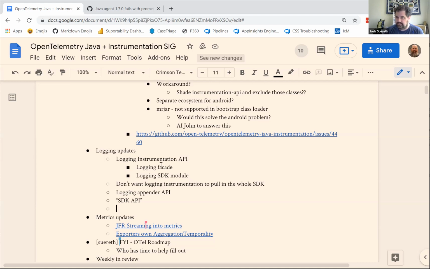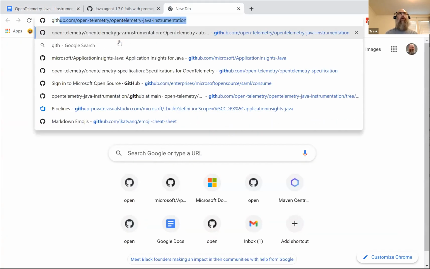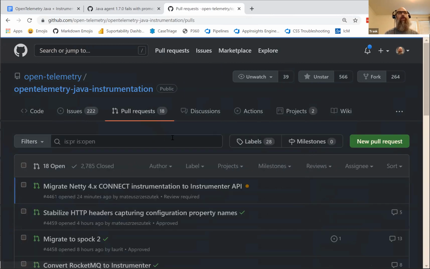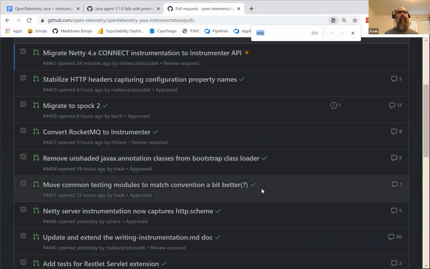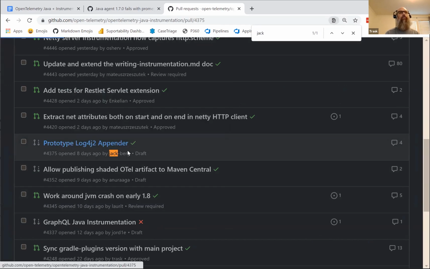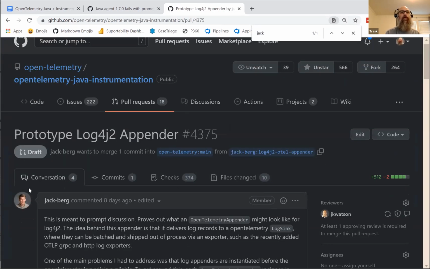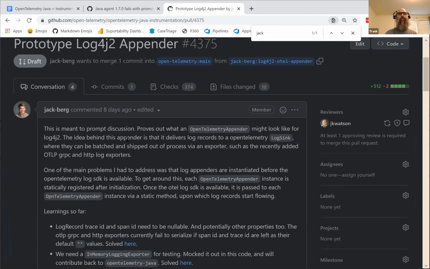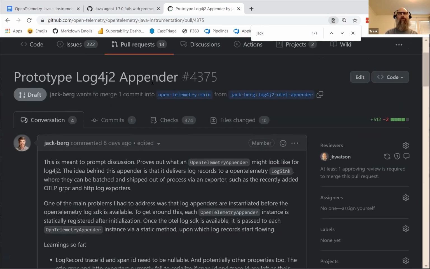Anyway, who's driving this? Just curious. Jack has been doing the most PRs around logging, and he made an attempt on the instrumentation side also, which I think helped flesh out some of these ideas of how problematic writing a log appender is currently.